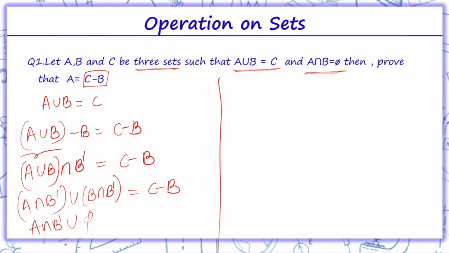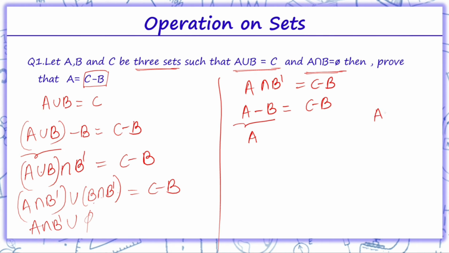So this will be written as A intersection B complement is C minus B. Now A intersection B complement, again the same thing which we wrote, that is A minus B, with the help of the first point of theorem 1. Now here it is A minus B, because we can write it as A. Now why can we write it as A?